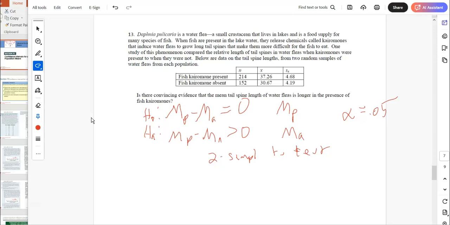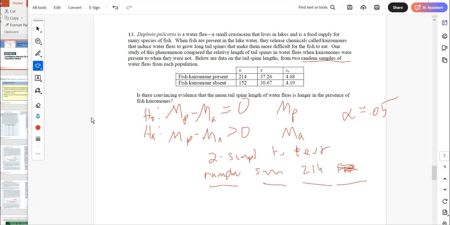Say something about random sample maybe. 2 random samples. So random sample of 214 water fleas where the pheromones were present, and then random sample of 152 water fleas where the pheromones were absent.